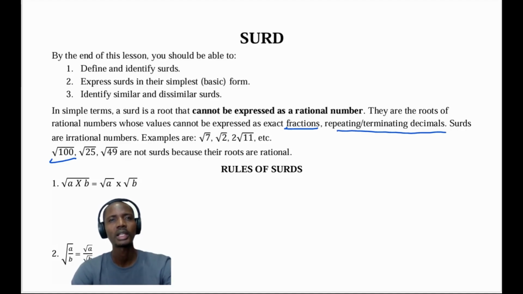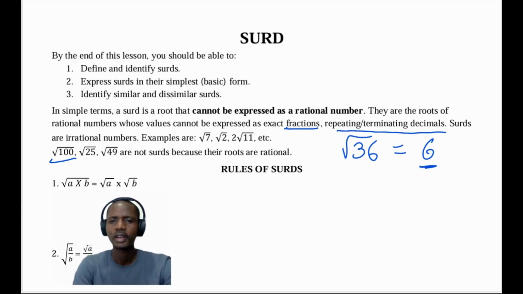So can you think of other numbers? Okay, if I have root 36, do you think we can call this a surd? No, it's not a surd because root 36 gives 6. 6 is a rational number. So root 36 is not a surd.